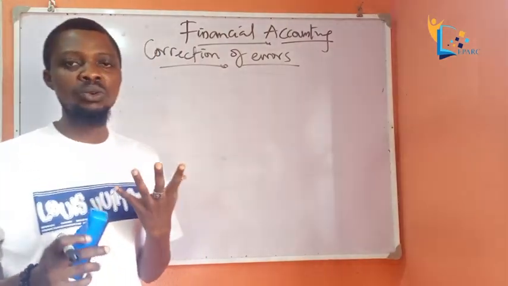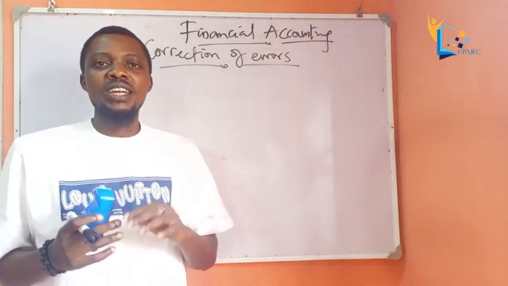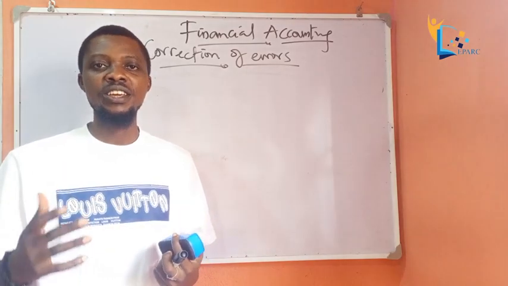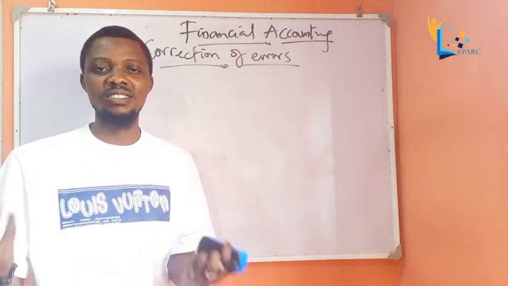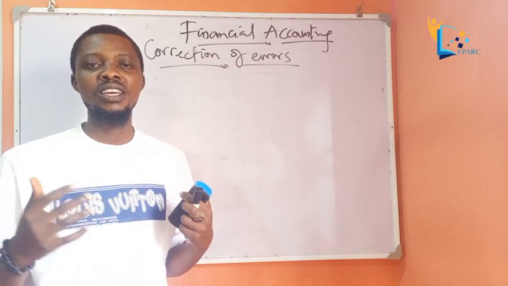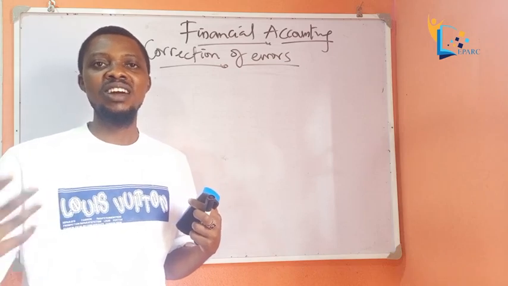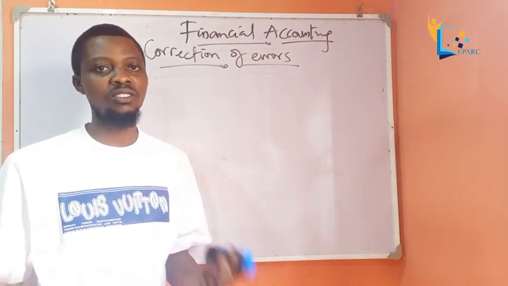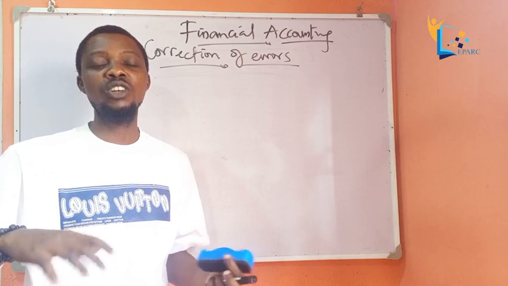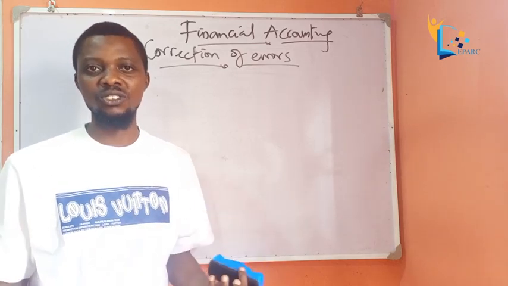Now, when we say correction of errors, what do we mean? First of all, what are errors? Errors are mistakes. When we talk about errors in financial accounting, it has to do with mistakes arising from postings of transactions, or collating of transactions, or transferring or drawing up of transactions.